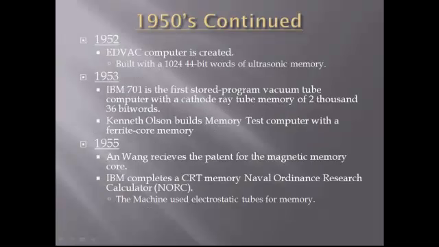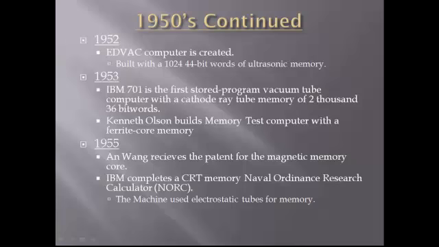In 1952, the EDVAC computer was created. It was built with 1024 44-bit words of ultrasonic memory. IBM 701 is the first stored program vacuum tube computer with a cathode ray tube memory of 2048 36-bit words, and this was developed in 1953.